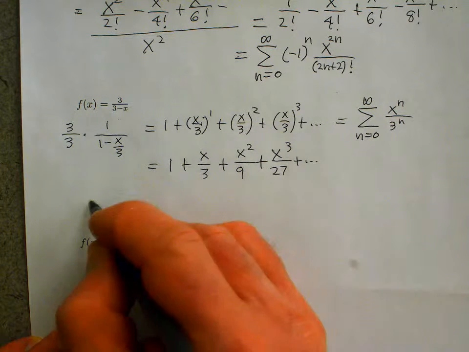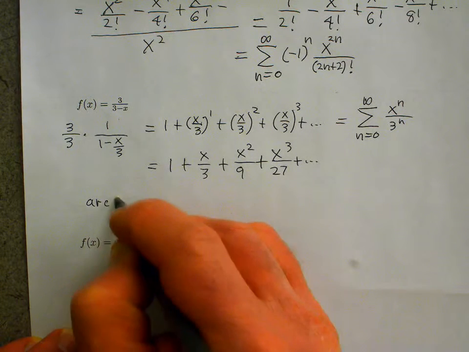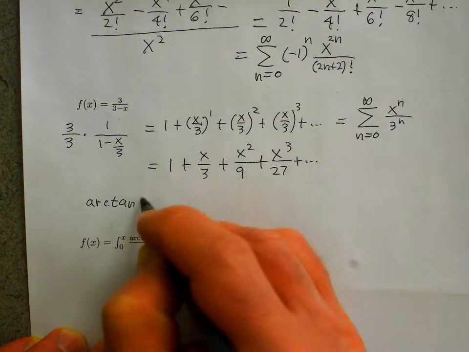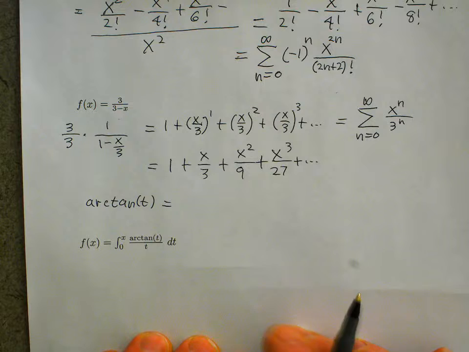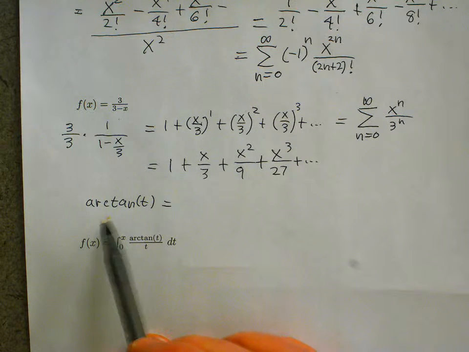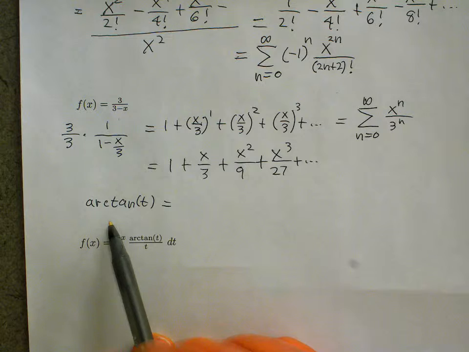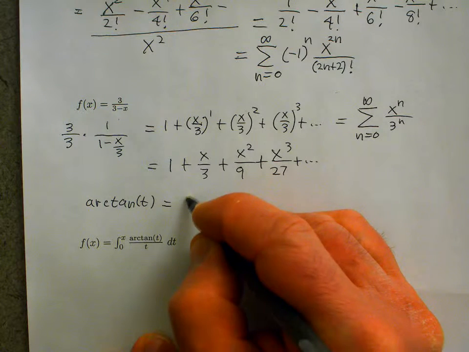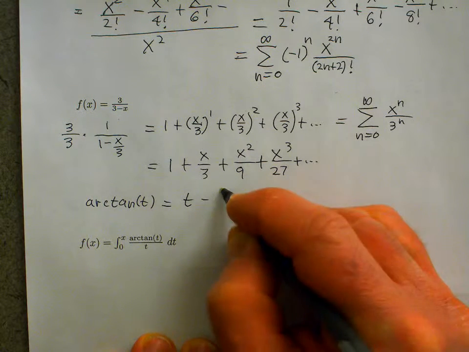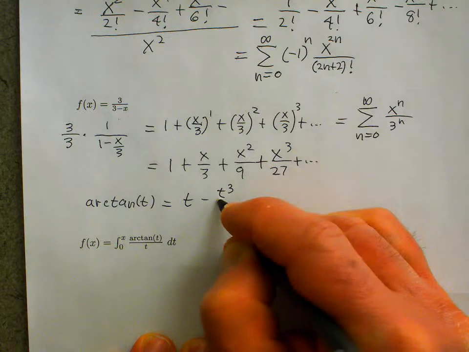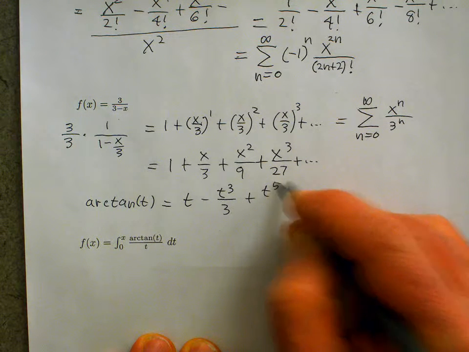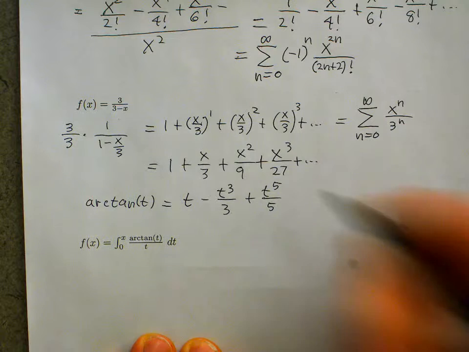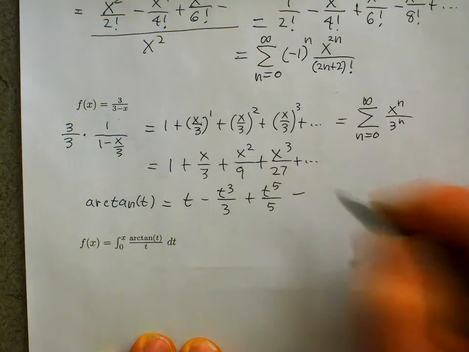So up here, I'll just write arctangent of t. So if you don't remember this one, you can figure it out pretty fast. But it's t minus t to the third over 3 plus t to the fifth over 5, and so on.